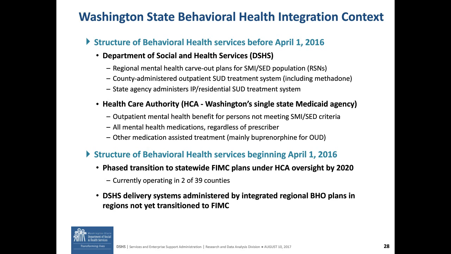The delivery system information here is really the message that in our state we're moving from a very siloed, one might say fractured, approach to delivering mental health and substance use disorder services, which are what comprise behavioral health services. We're moving from a very fractured approach where we have two large state agencies that are responsible for different portions of each of the mental health delivery system and the substance use disorder system.